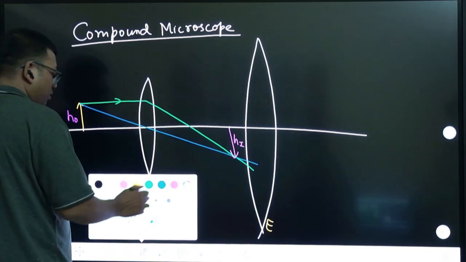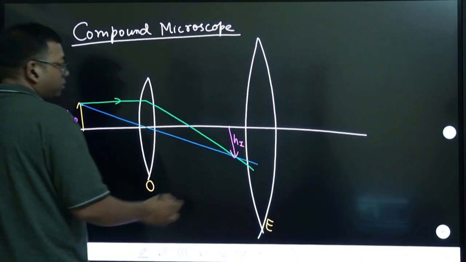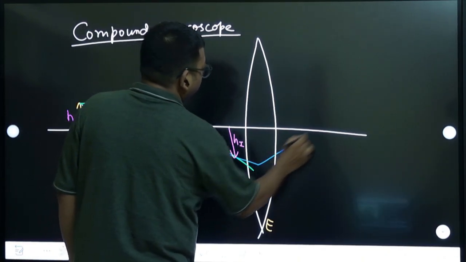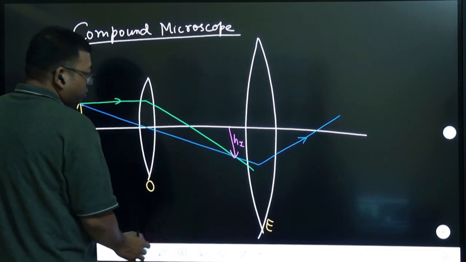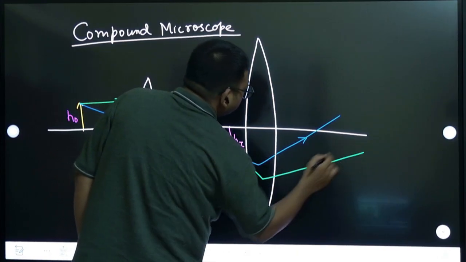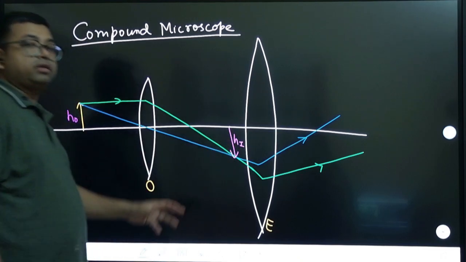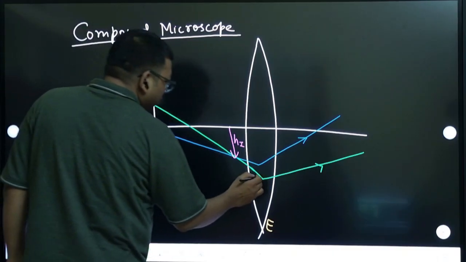But again, these rays which are coming here, of course they go this way, and this ray which is coming here also passes, but these two rays are diverging rays, so they do not meet, right? So we need to extend them backward.